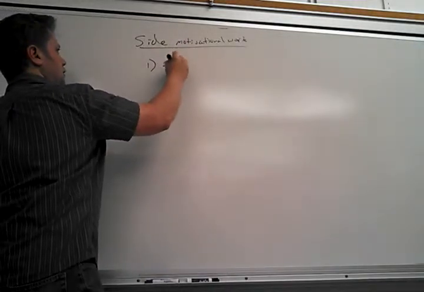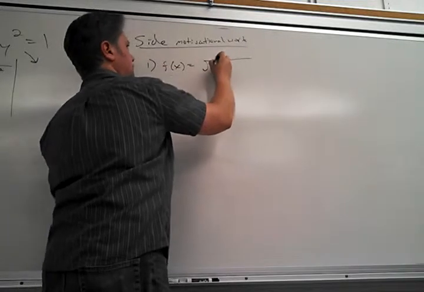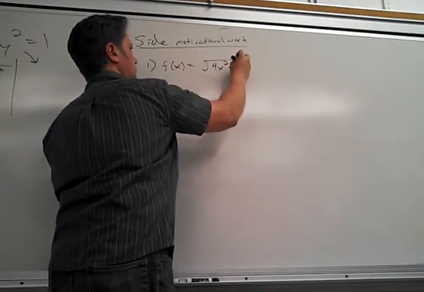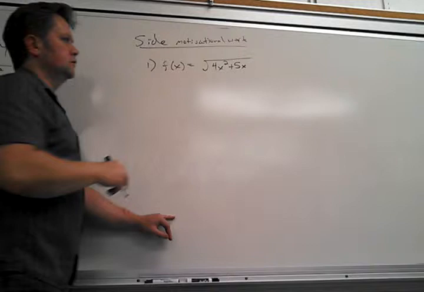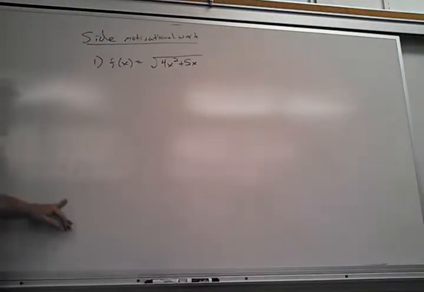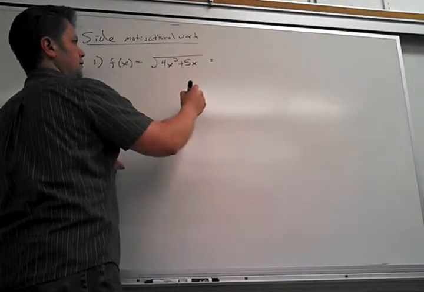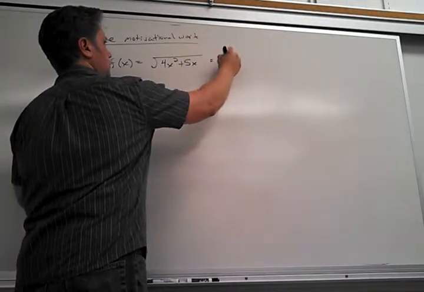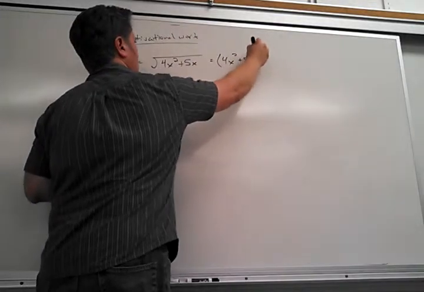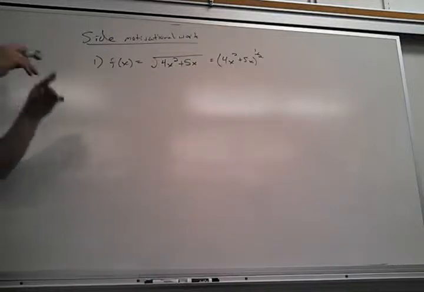If I had this function here, how would you take its derivative? Using a chain rule. So I could first rewrite this as that quantity to the 1/2. Nothing's on the bottom, so positive 1/2. So then, what would its derivative be?